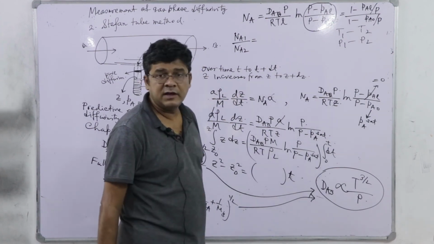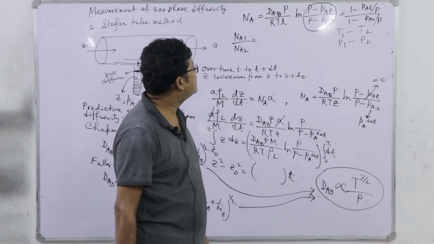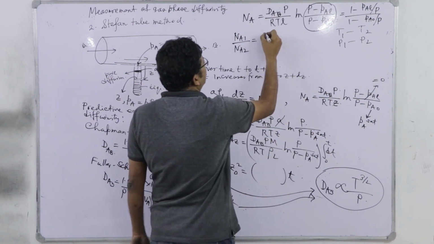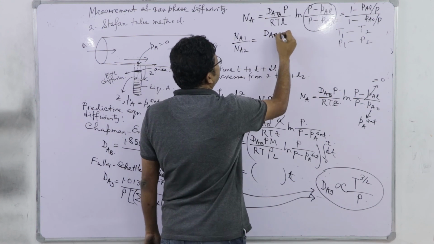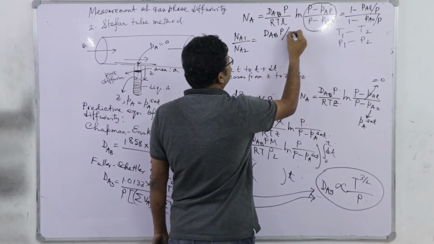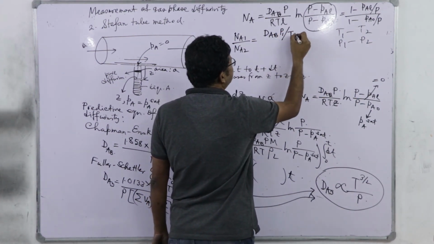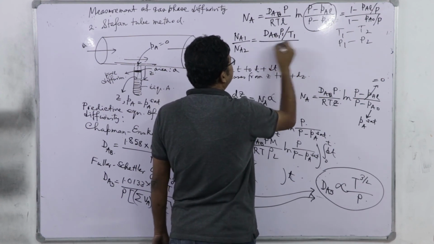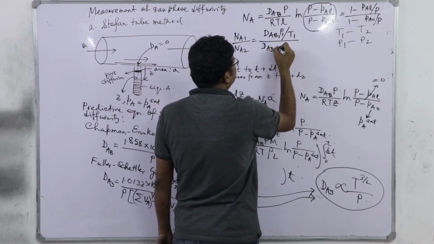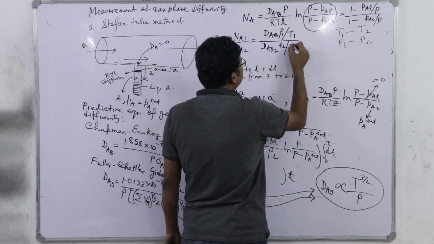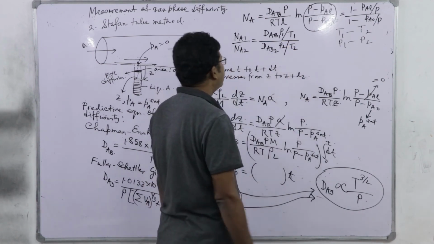So, these are basically the mole fractions. So, it is dependent on DAB into P divided by T. So, DAB1 P1 by T1 divided by DAB2 P2 by T2, right.